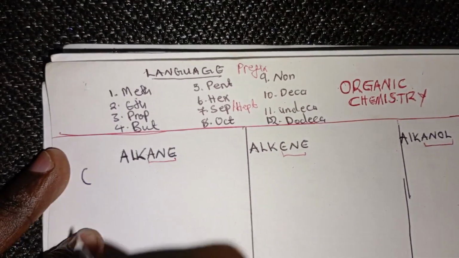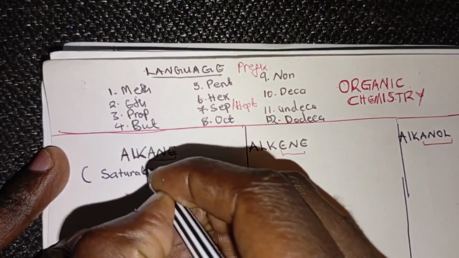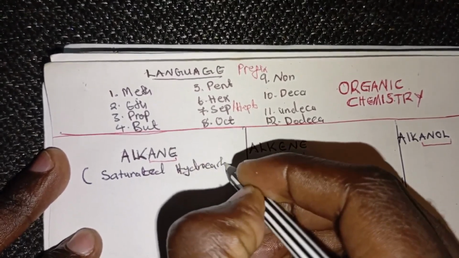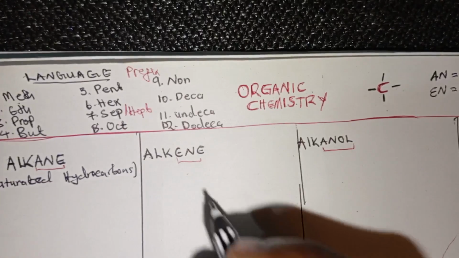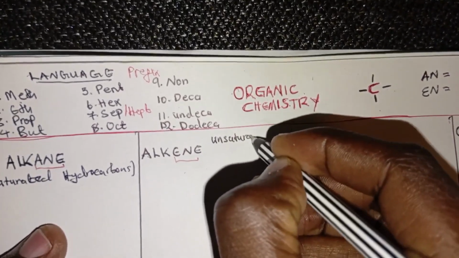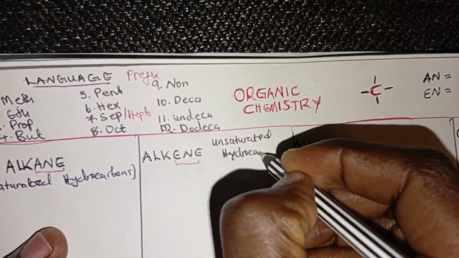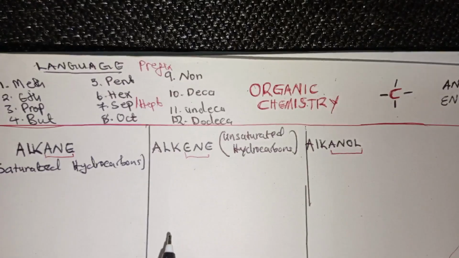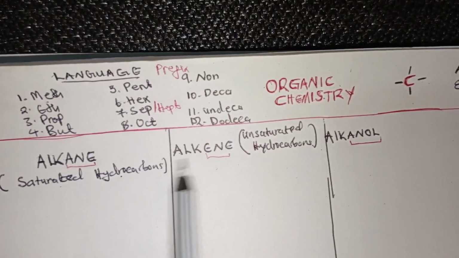All single bonds are called saturated, and these are also called saturated hydrocarbons. The other ones are called unsaturated hydrocarbons. What this simply means is that these have single bonds and these have double bonds.